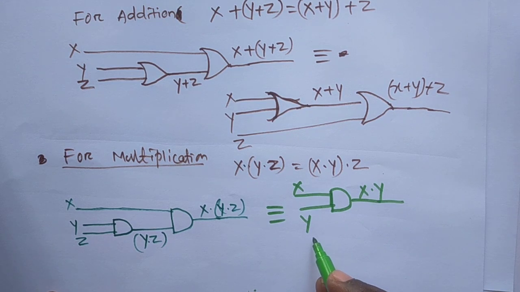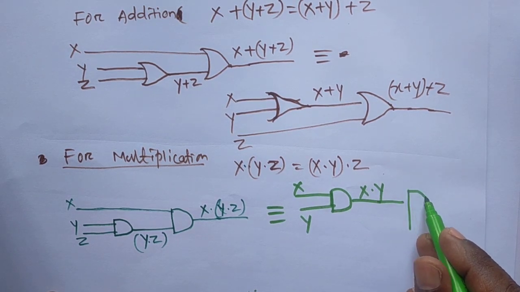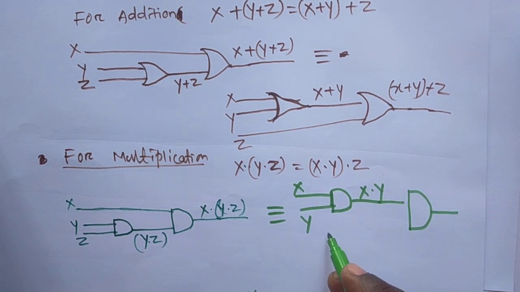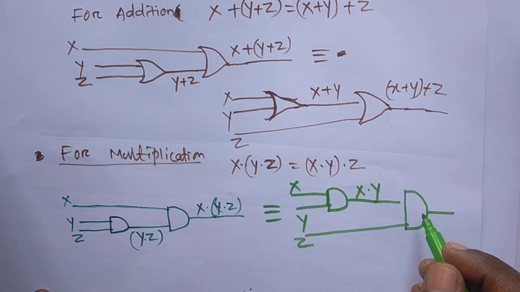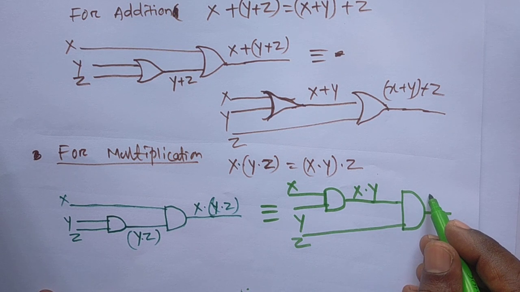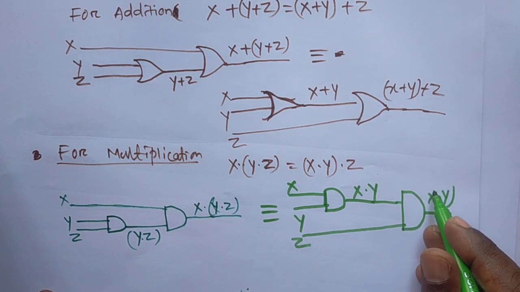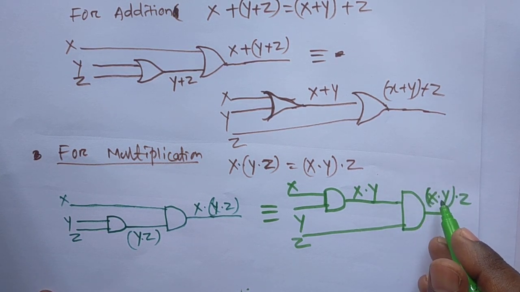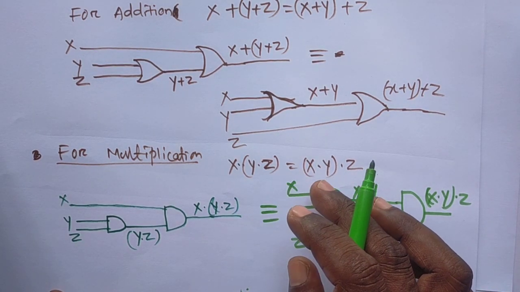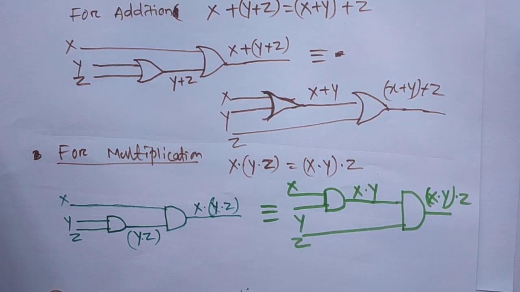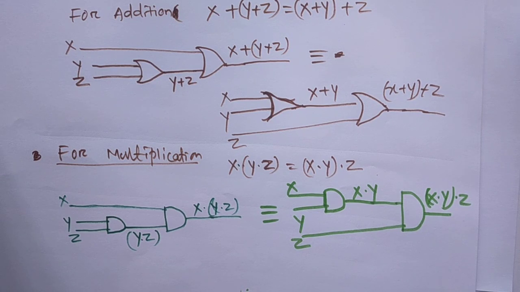Next z. So we write in this way. Here another is z. So here x dot y dot z. We can define in this way. So which is equivalent: x dot y dot z is equal to x dot y dot z. In this way we define the associative law.